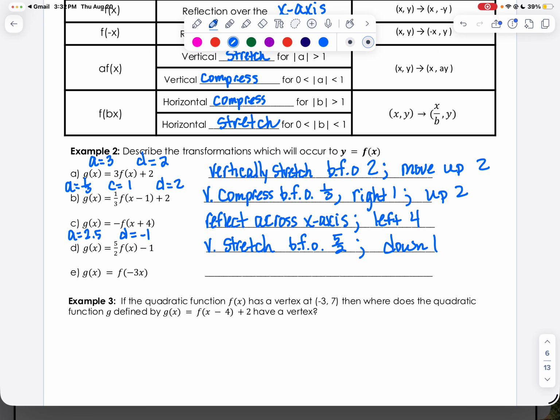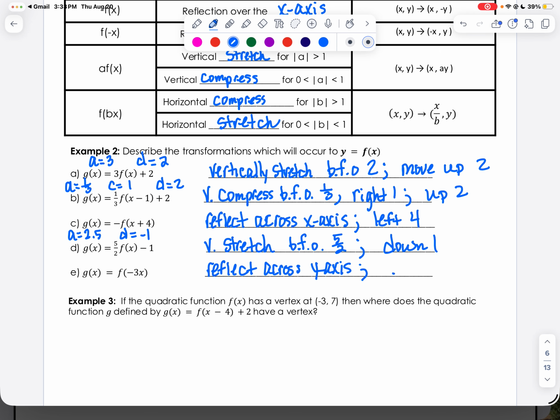All right, f of negative 3x. When we have a negative inside the parenthesis, it reflects across the y-axis. And then we take the reciprocal of 3, which is 1/3. And so that will be a vertically compressed, oh, I'm sorry, I didn't mean vertically.